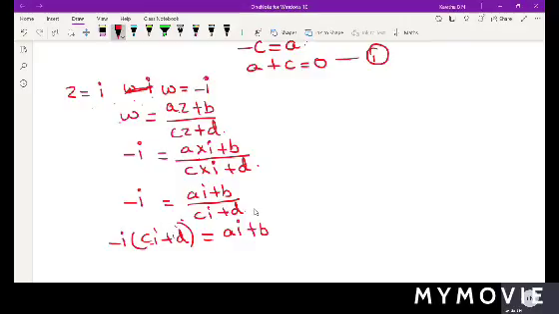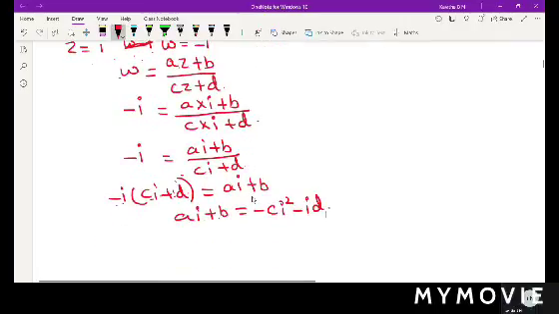Next, minus i into ci is minus c i squared, then minus i into d is minus id.